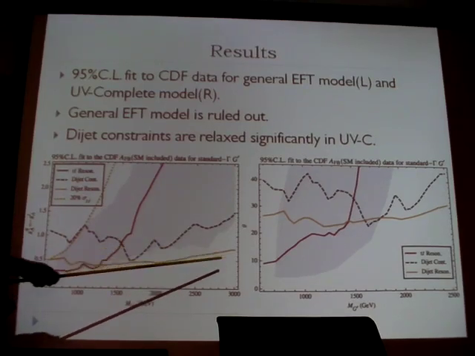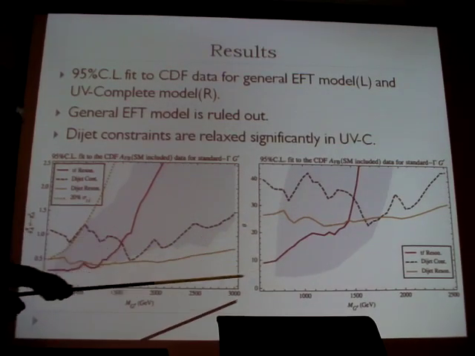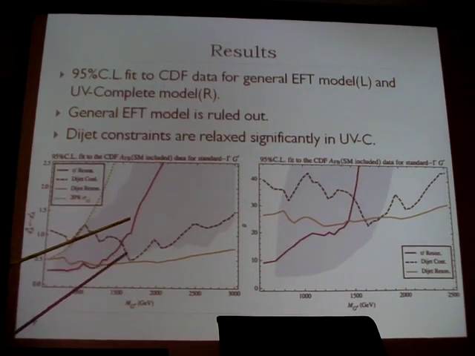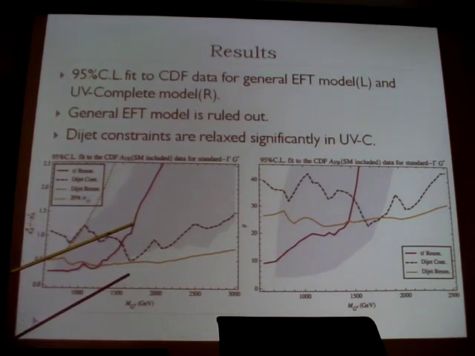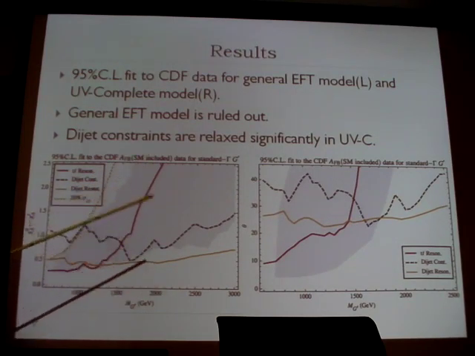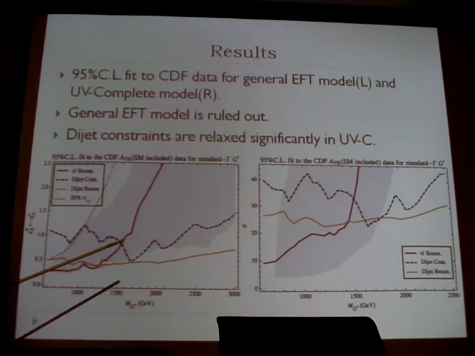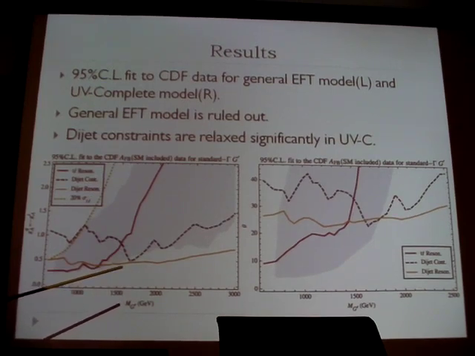So in order to do an efficient job, we just make an approximation that we only generate the Axigluon events in all the dijet processes. That's a very strong approximation, I guess. What you're neglecting is the interference, you mean? Yes, we only generated the Axigluon.